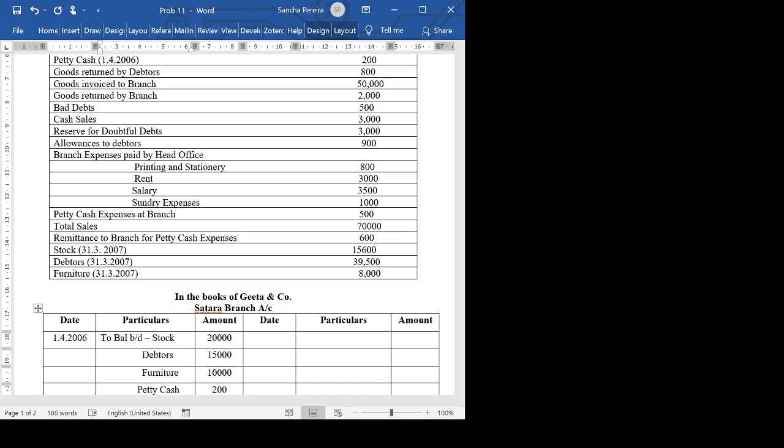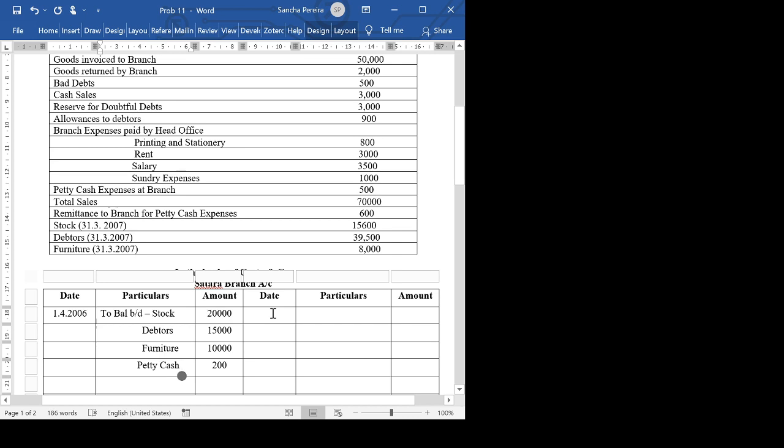Petty cash is 200. So on stock, we need to calculate the stock reserve on the other side, by stock reserve, which is the loading or the profit element.